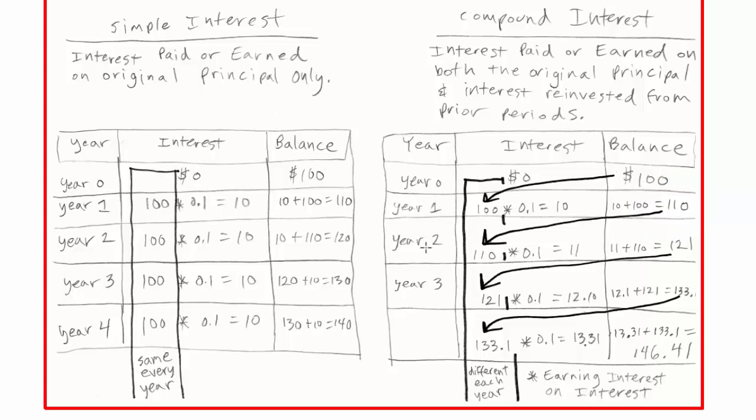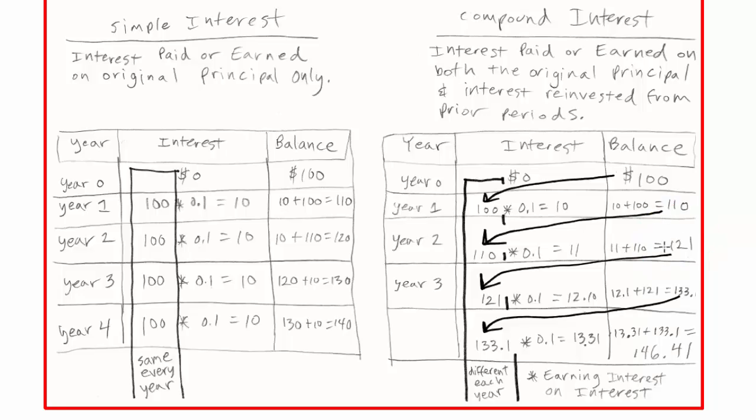But look at this. When we get to year 2, we actually take the amount that was in the account at the end of 1 year, and we use it as the amount to multiply by the annual rate. So here we take 110 times 10%, 11 bucks. Then we add it. And at the end of 2 years, 121 bucks is sitting in the account.